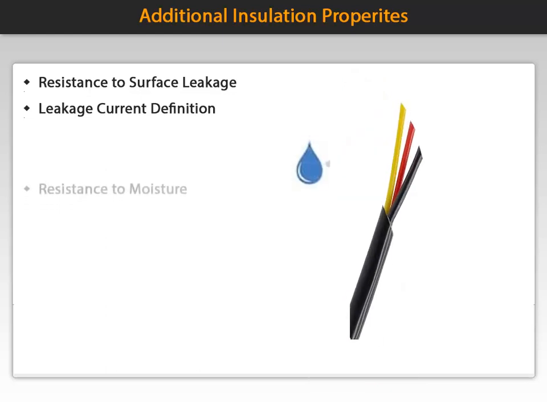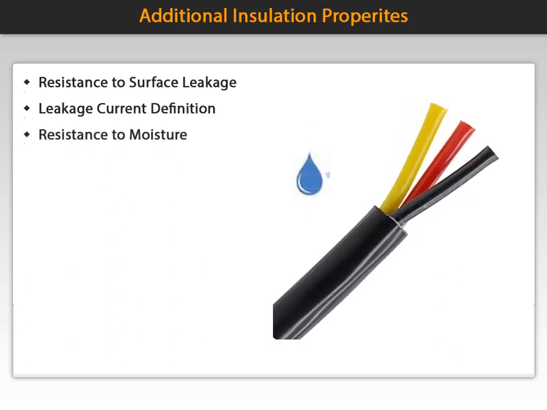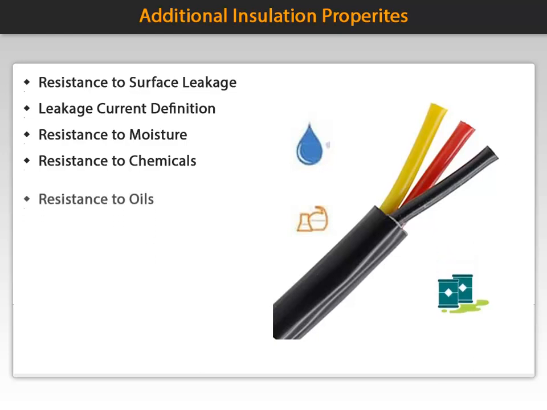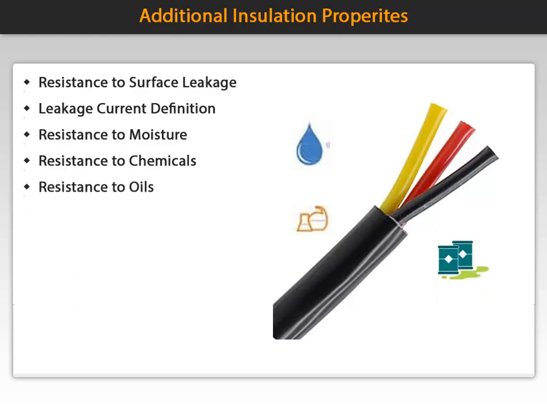Moisture is a real concern and a problem with any electrical circuit, so resistance to moisture is a plus. Industrial environments may contain chemicals. The insulating material should be resistant to chemicals. Many electrical circuits are around machinery where oils and other contaminants are present. Insulation should be resistant to these.